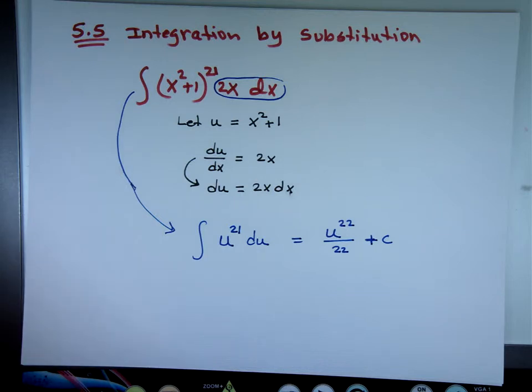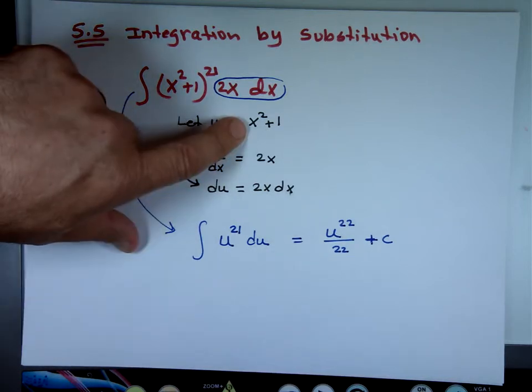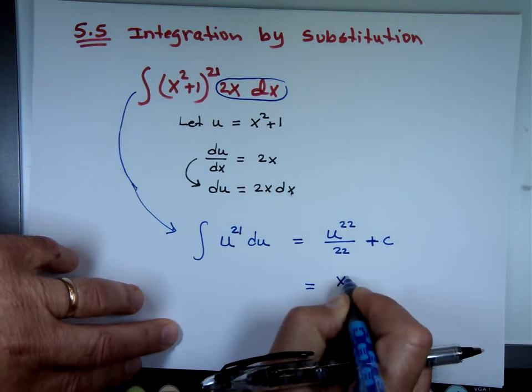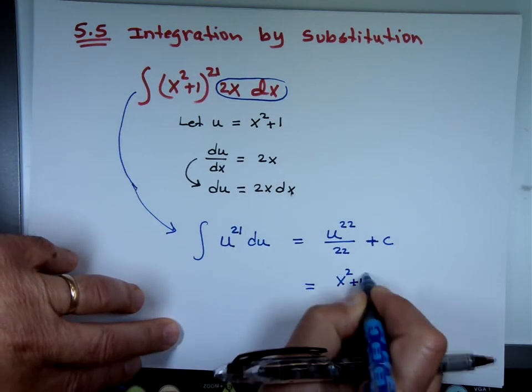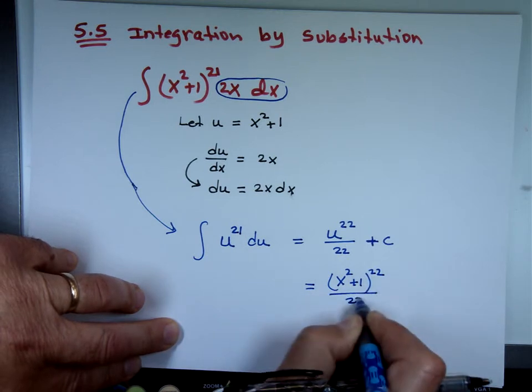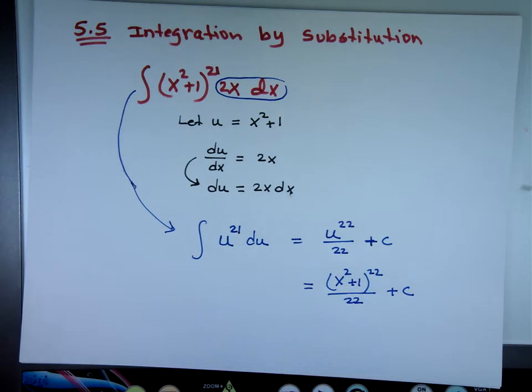Everything was x. You need to change it back to x. What is u equal to? x squared plus 1. So the answer is x squared plus 1 to the 22 divided by 22 plus c. I didn't have to FOIL it. I didn't have to do any of that.